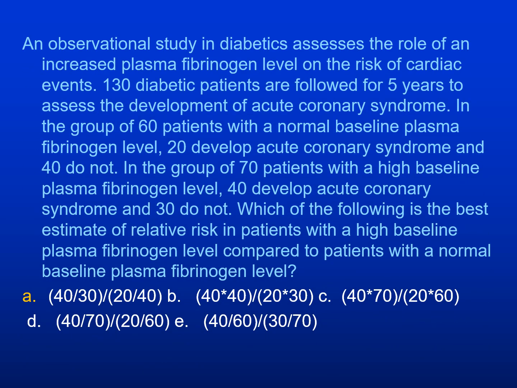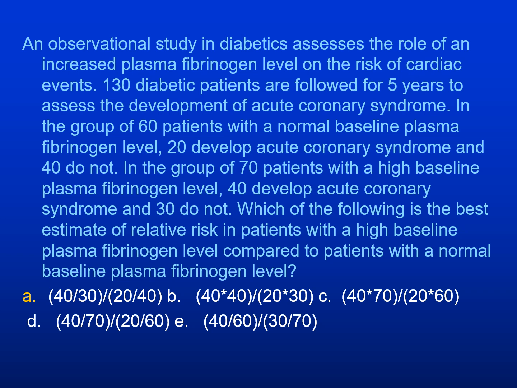An observational study in diabetes assesses the role of an increased plasma fibrinogen level on the risk of cardiac events. 130 diabetic patients are followed for 5 years to assess the development of acute coronary syndrome. In the group of 60 patients with a normal baseline plasma fibrinogen level, 20 developed acute coronary syndrome and 40 did not.